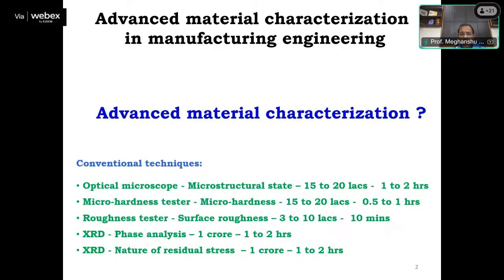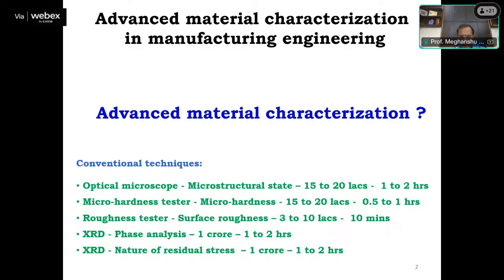Then to check the surface roughness or to assess the surface finish, a roughness tester is there. This portable instrument or very small instrument is available within 3 to 10 lakh range, and it can provide the surface finish within 10 minutes.